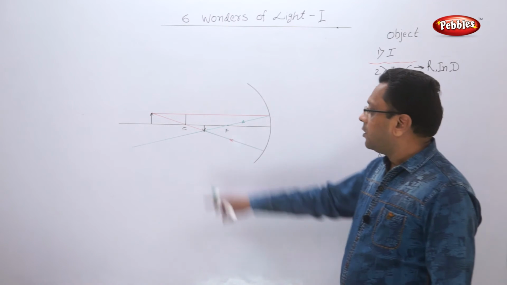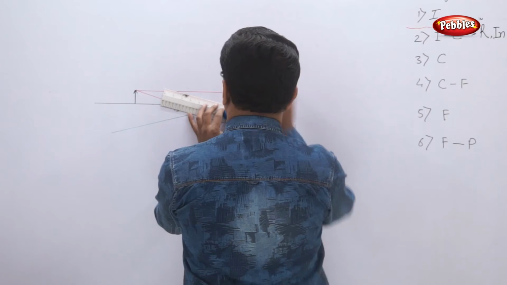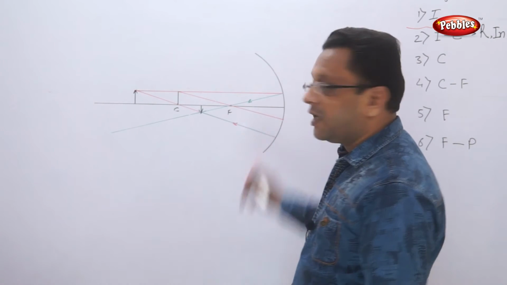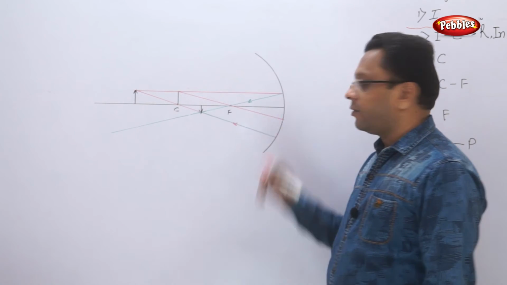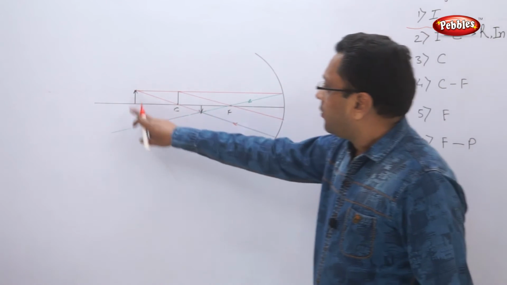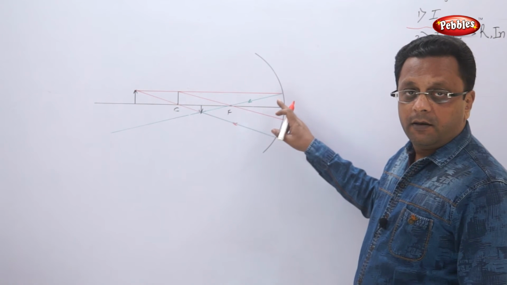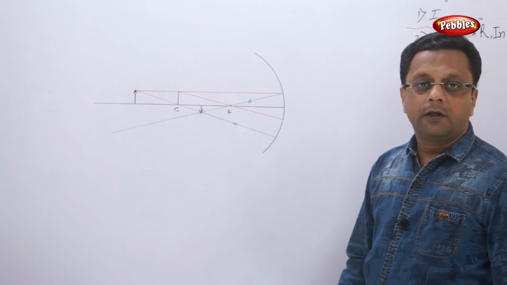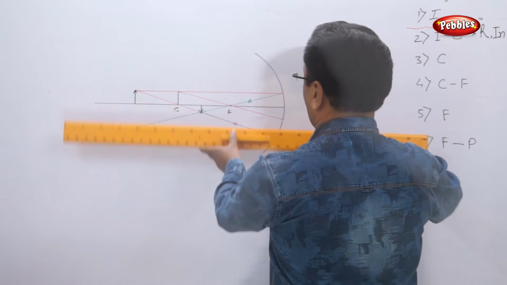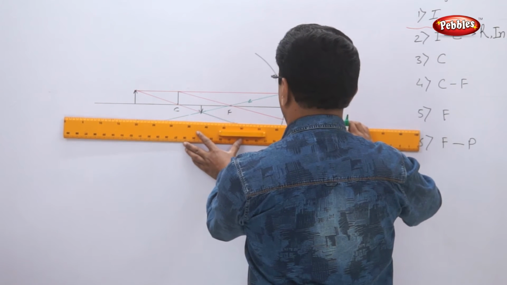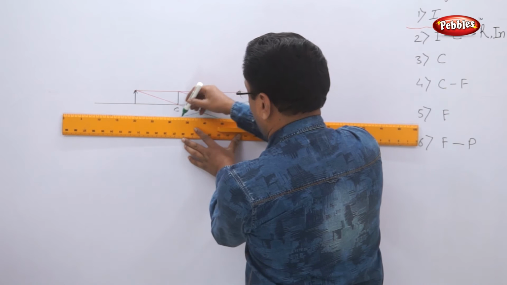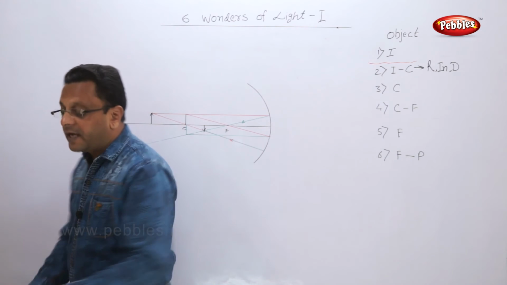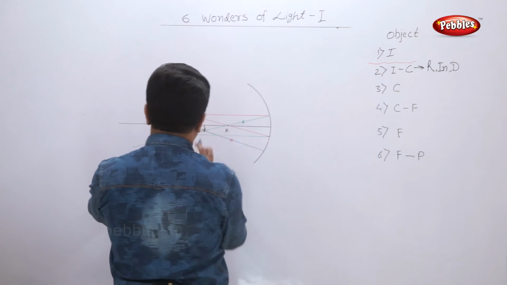Simple, we have to pass the incident ray through F. Mind well, whenever the parallel line is there, the reflection passes through F. Now since this is passing through F, the reflection will be parallel, just opposite. And you will get the image exactly on C itself, here.